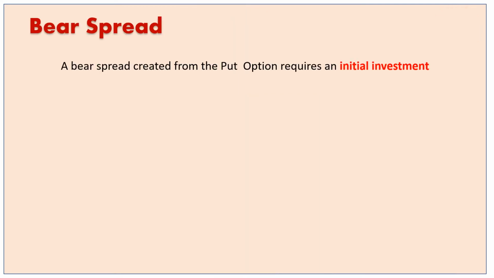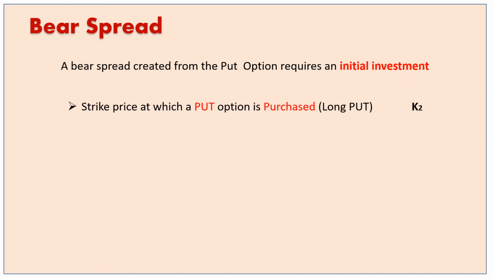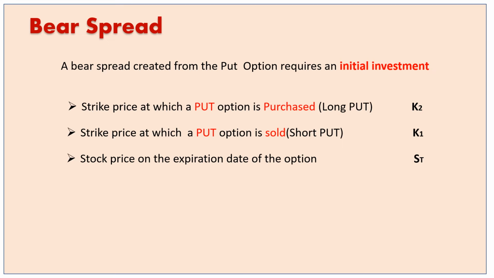Another important point which we have to keep in mind when creating a bearish spread using put options is that it requires initial investment, because the strike price at which the put option is purchased is K2, the higher strike, and the strike price at which the put option is sold is K1. So the buying price is greater than the selling price, and the profit positions are calculated on the basis of the position of the stock price at the time of expiration.